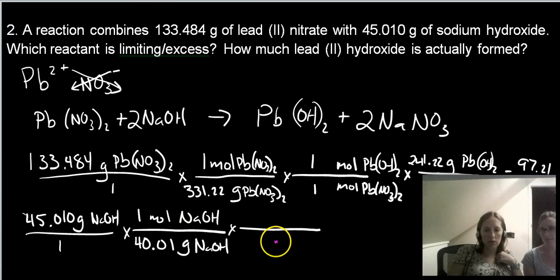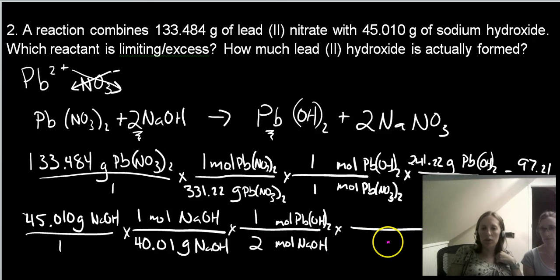And now the mole ratio. Turns out that comparing sodium hydroxide to lead hydroxide, every time you have 2 moles of sodium hydroxide, you get 1 mole of lead hydroxide.